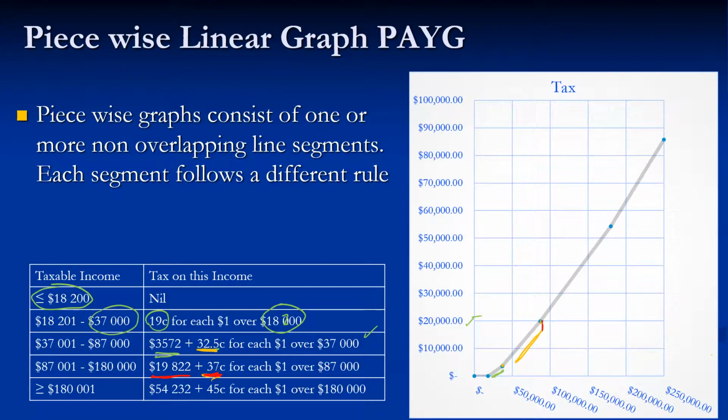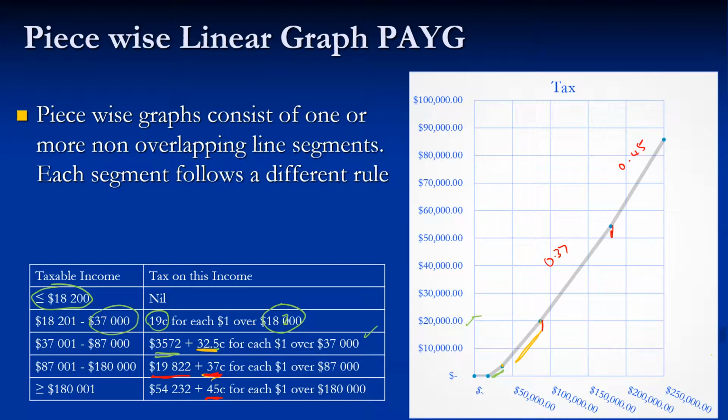So this segment from here to here is at 37 cents or 0.37, and that's the gradient for that section. The final tax bracket is at 45%, so that's 0.45. So the government lets you keep 55 cents, and it takes 45 cents for every dollar over $180,000 that you earn.